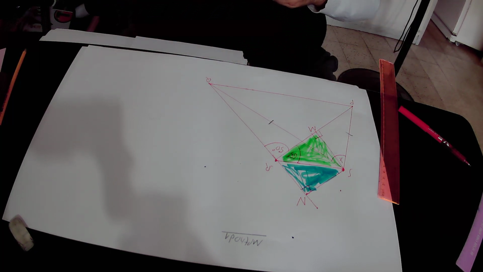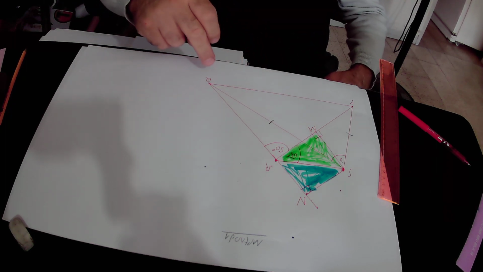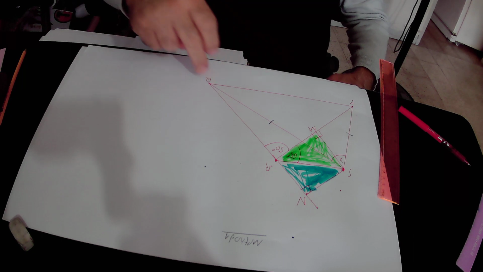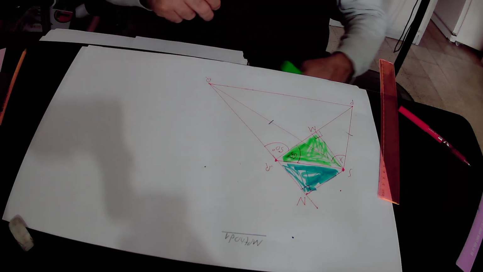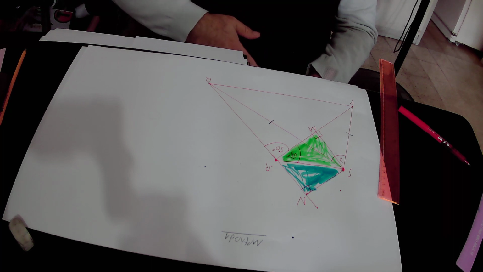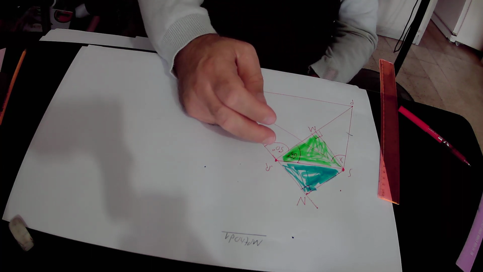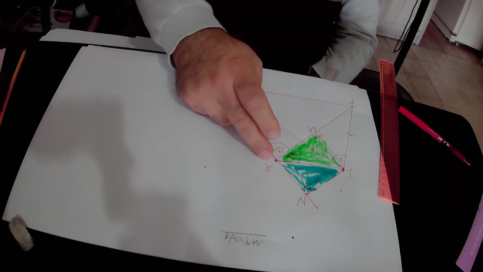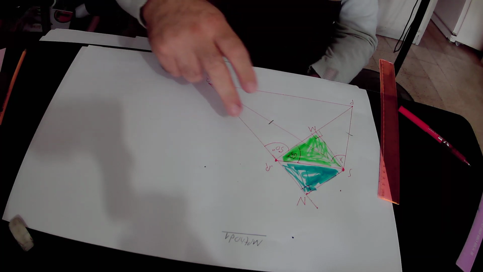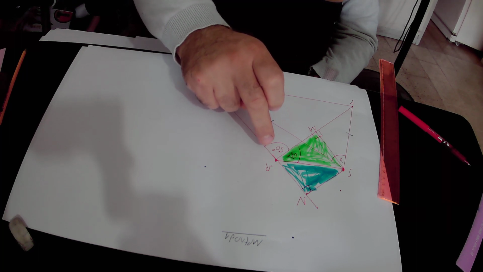Before that, we extended QR with a straight line, so actually QN is one straight line, and we know that the sum of the angles on a straight line equals 180 degrees. Therefore, at point R along the straight line QN, the sum of the angles will be equal to 180 degrees.